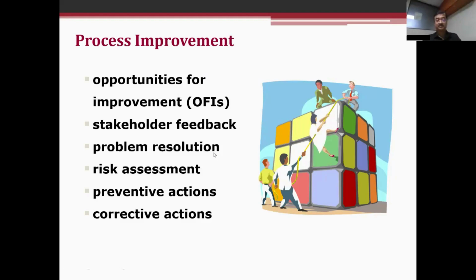Then risk assessment, where you can assess where the maximum risk of error can happen. Then according to risk assessment, you can take preventive actions for those which have not happened but there is a chance to happen, and corrective actions where some error has happened and you need to correct it. So these all as a whole improve the process and minimize the error.